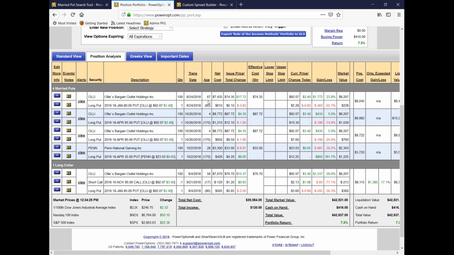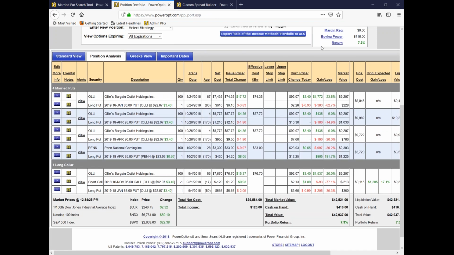I want to show you two more things in the portfolio. Just for grins, what I did here is, here's Ernie's trade we just looked at and what's possible with his adjustments right now. Here's the 95 put. We're going to ignore that. Here is my actual trade on Ollie, where it stands right now, that I got into a few months ago with a cost basis of 76.70.